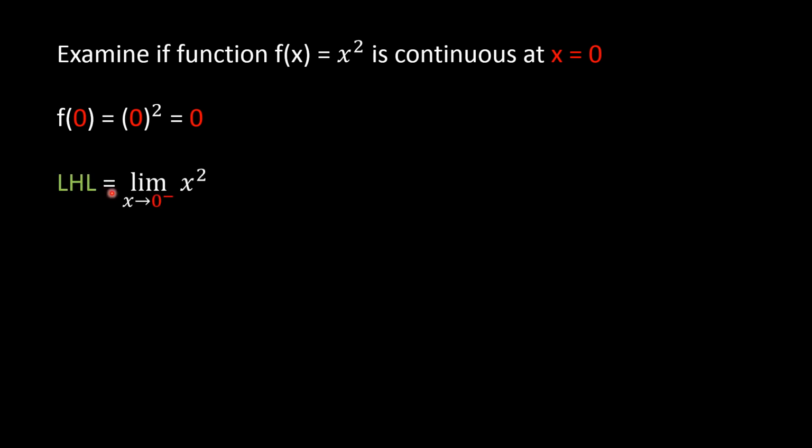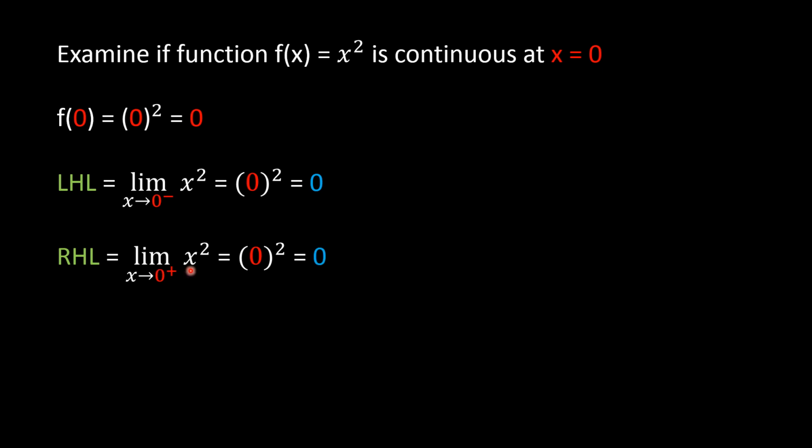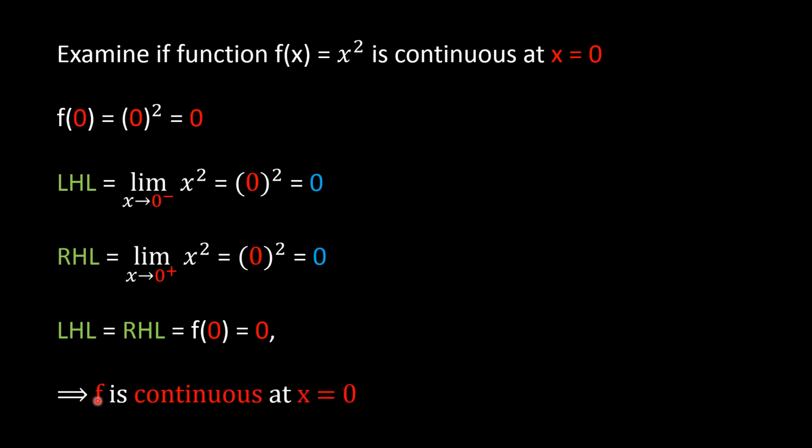Left hand limit of x squared as x approaches 0 negative will be 0. Right hand limit of x squared as x approaches 0 positive will be 0. So left hand limit equals right hand limit equals f(0) equals 0. Therefore, we can say that function f is continuous at x equals 0.